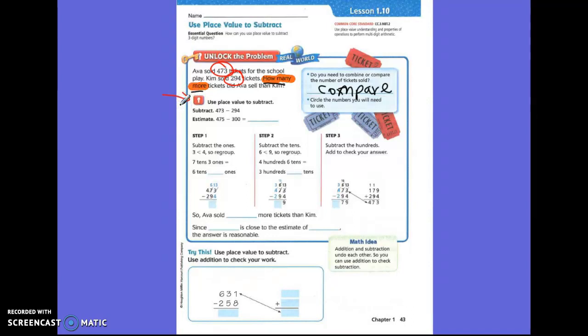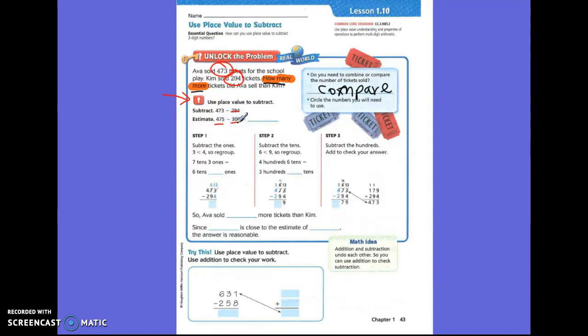Okay. So the first step is using place value to subtract. They like you to estimate. So you are going to estimate today before subtracting the actual real numbers. So let's round. They did it for you: 473 to 475 and 294 to 300.